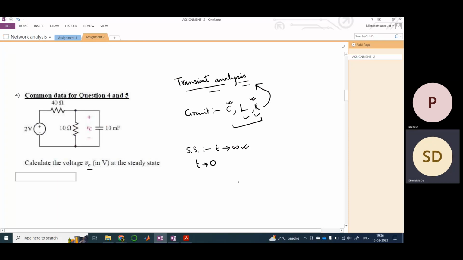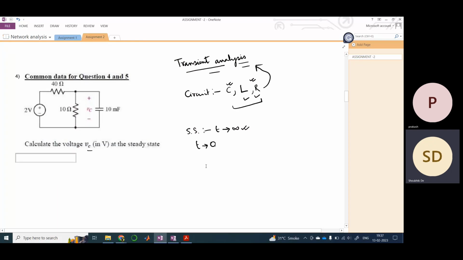Okay. Now, how the capacitance and inductance act in this initial state and steady state, that you need to know. Probably you would have seen the videos, seen the lectures, and probably you know how the inductor or capacitor works in the steady state or at time equals to zero.